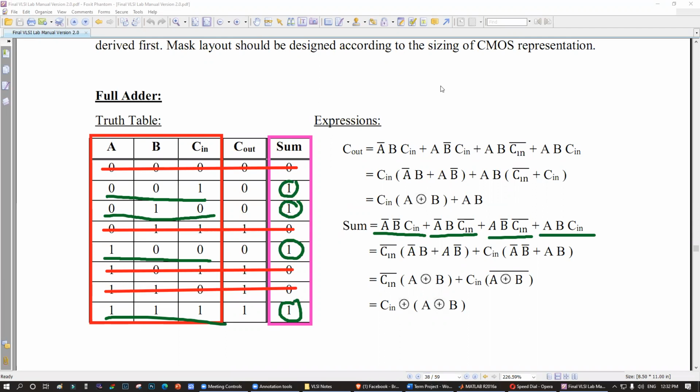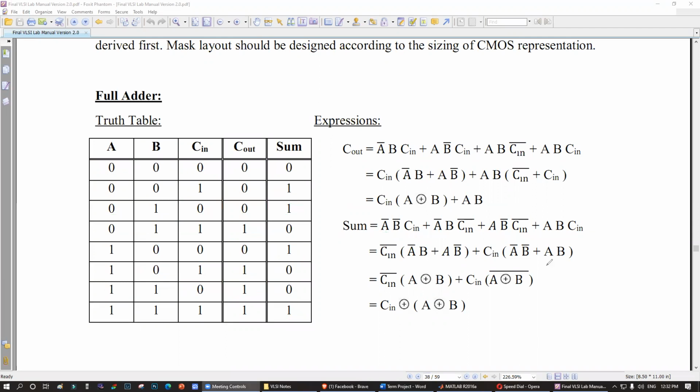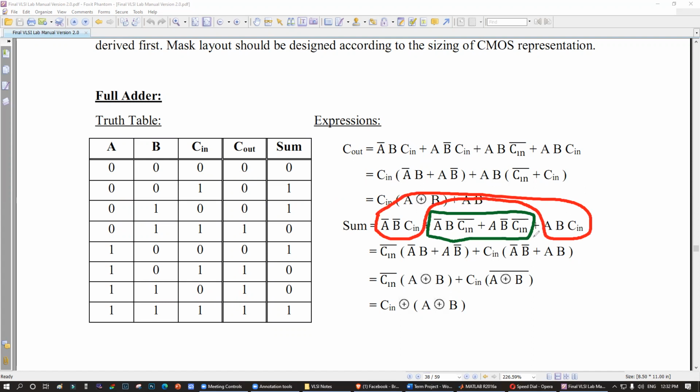Okay. Now we are going to take some commons again. How can you take common? See this one. These two have C in bar common, and these two have C in common, right? So I'm going to take C in bar common from these two.